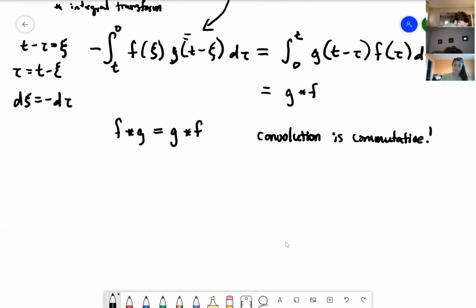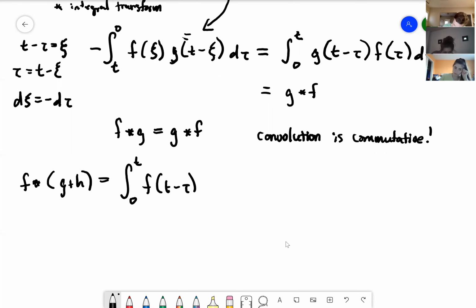Now if we do f convolved with g plus h, what we get is the integral from 0 to t of f of t minus tau times g of tau plus h of tau d tau.